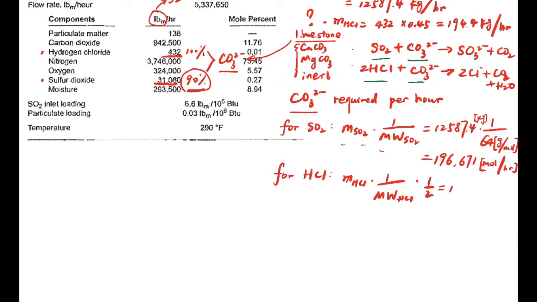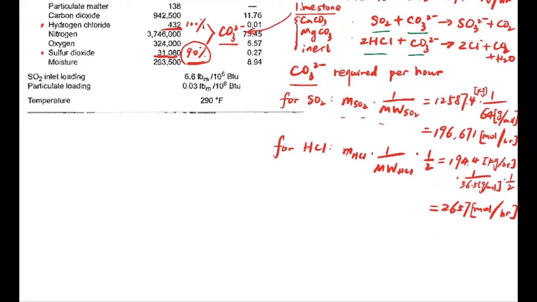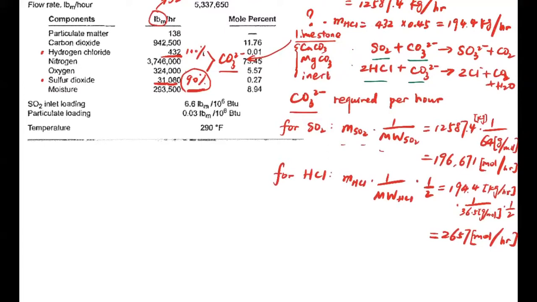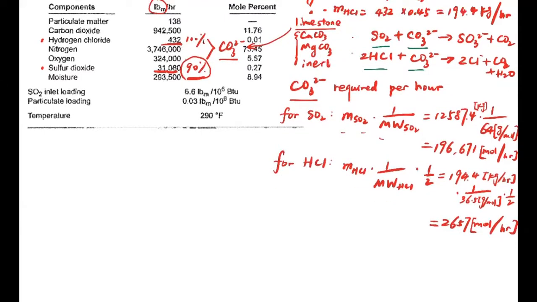So that's going to be 194.4 over its molecular weight. Basically, based on the flow rate of the sulfur dioxide and hydrogen chloride, we can calculate the amount of the carbonate ions we need to neutralize these gas species.